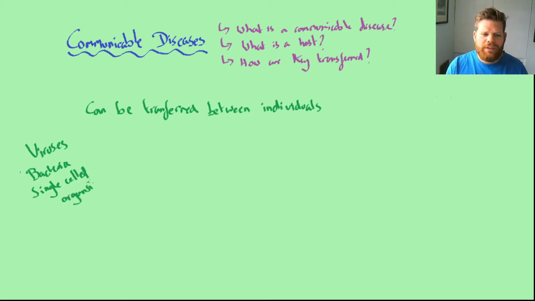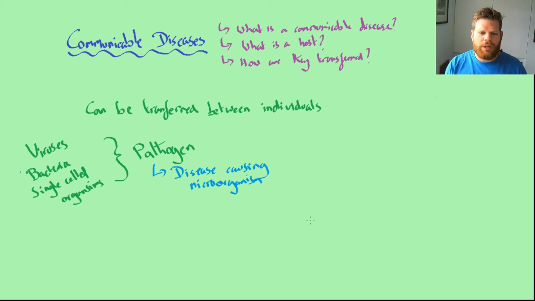All of these can be brought under one banner, and that is the word pathogen. A pathogen is a disease-causing microorganism. So we've got this idea that these diseases are caused by pathogens, which are disease-causing microorganisms.